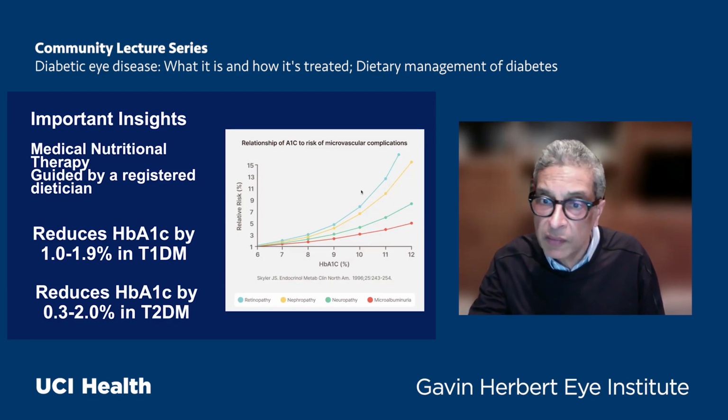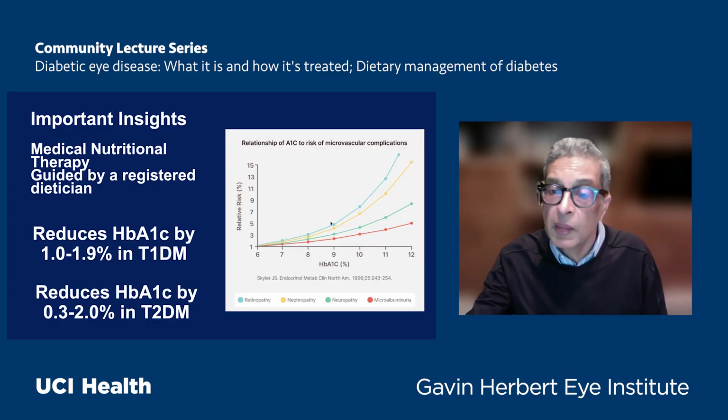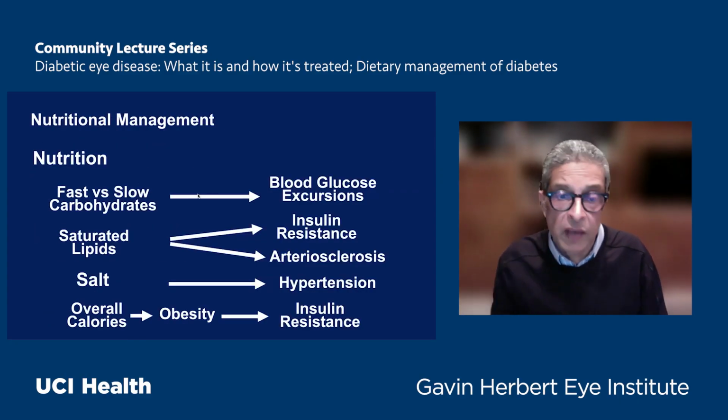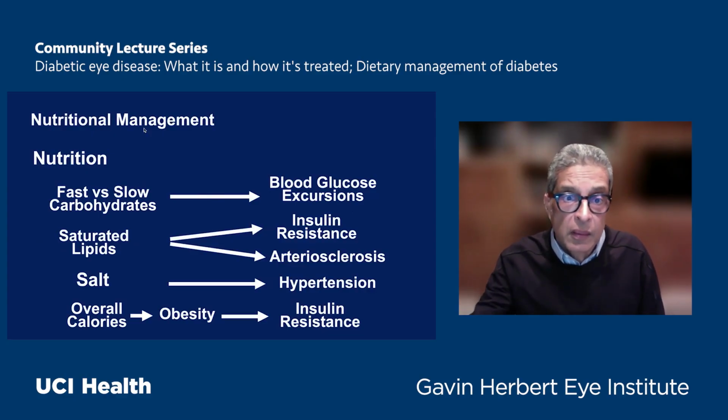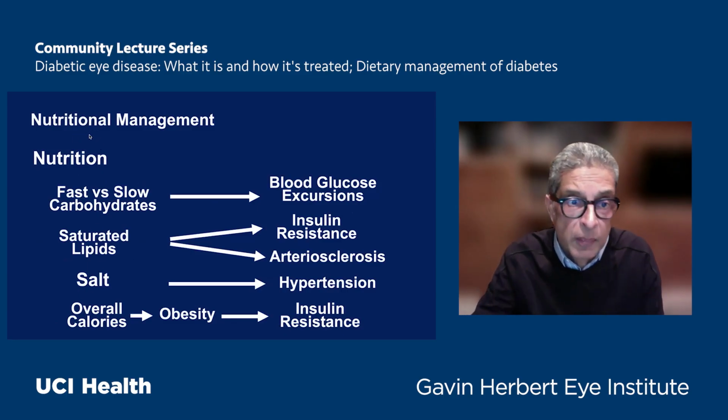And you can see that retinopathy here is the one that responds most favorably to dietary intervention, and is the one that is also at higher risk of developing with high blood sugars.